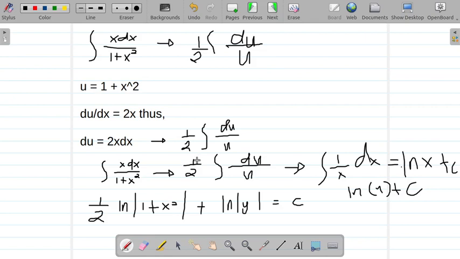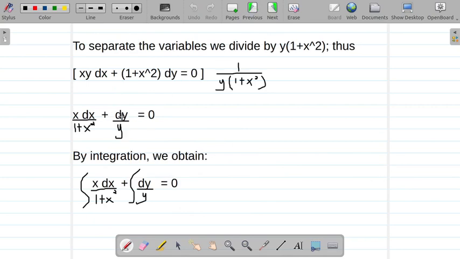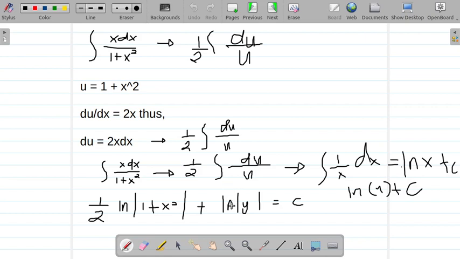So, taking out the constant, 1/2 ln of 1 plus x squared, plus the earlier equation, dy over y, is just equal to ln of y. So, first we got ln of y plus c.